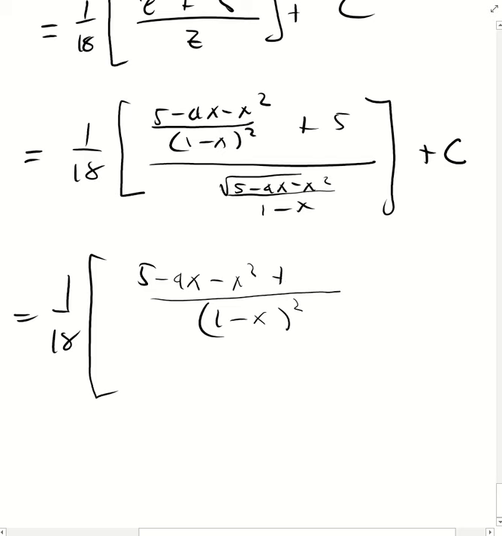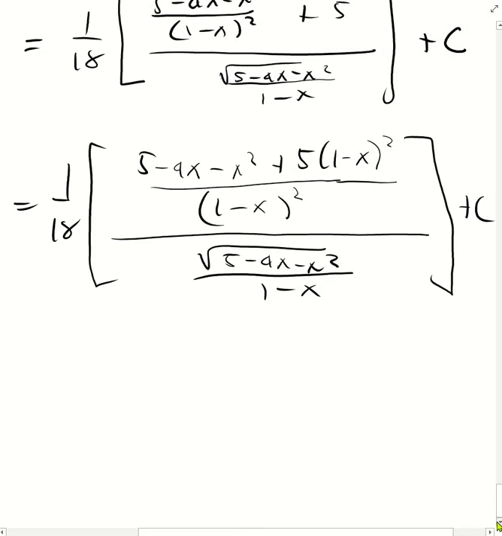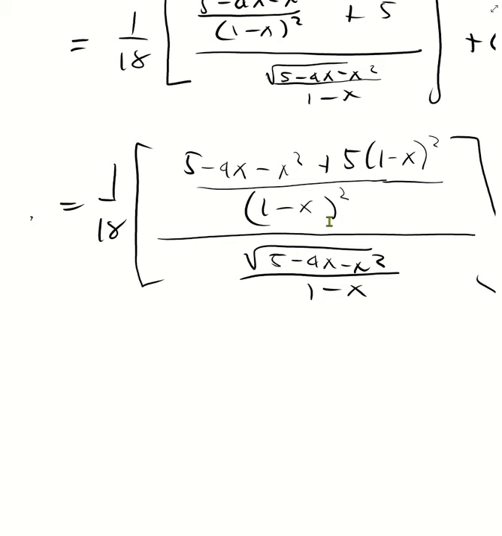Then plus 5 times 1 minus x squared, all over the square root of 5 minus 4x minus x squared all over 1 minus x, plus c. Then we can cancel out 1 minus x. Now there's a problem, 1 minus x squared in the numerator and the denominator will not cancel out.